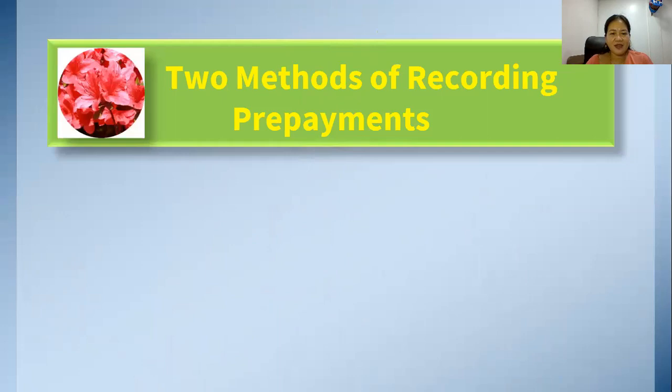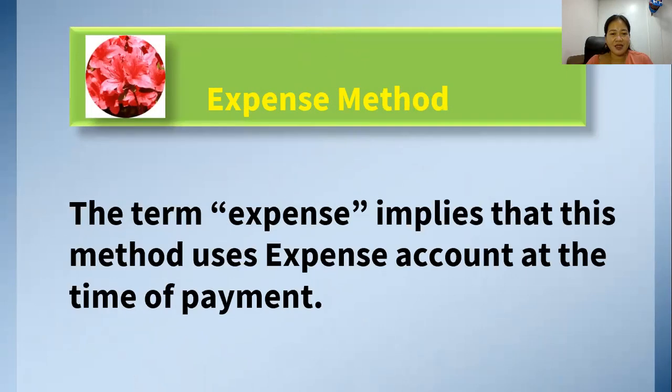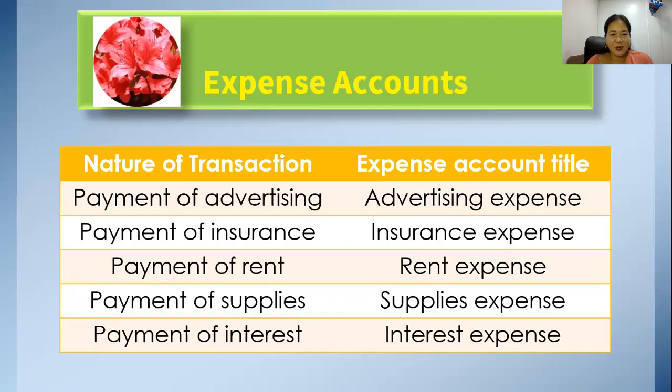So there are two methods of recording prepayments. We have the expense method and the asset method. Under the expense method, the term expense implies that this method uses an expense account at the time of payment. Examples: payment of advertising, we have advertising expense; payment of insurance, insurance expense; payment of rent, rent expense; payment of supplies, supplies expense; and payment of interest, interest expense.